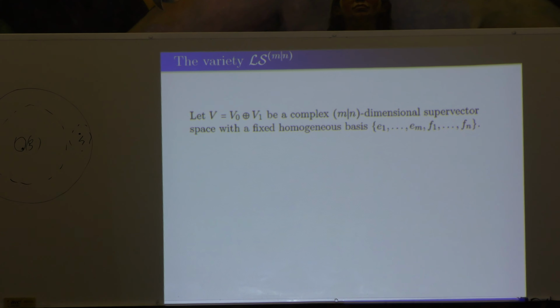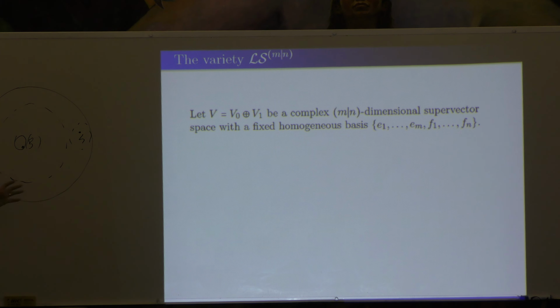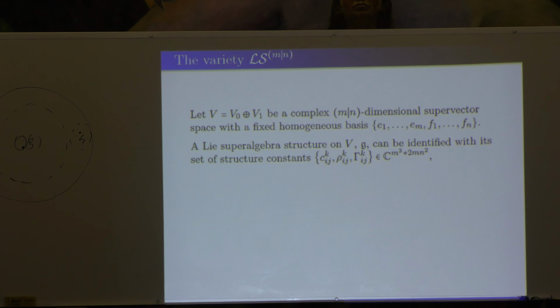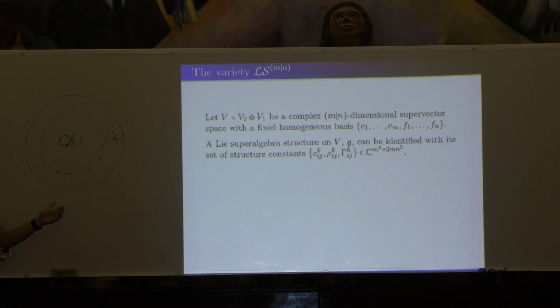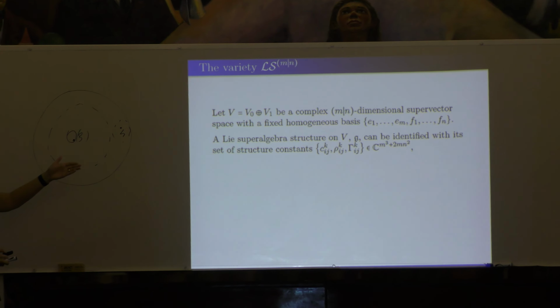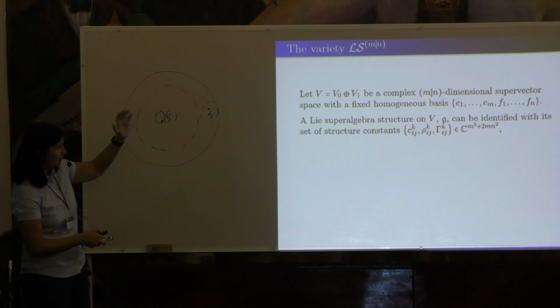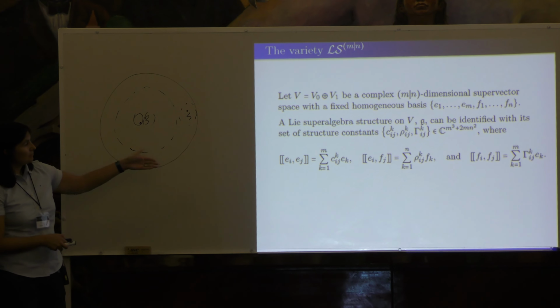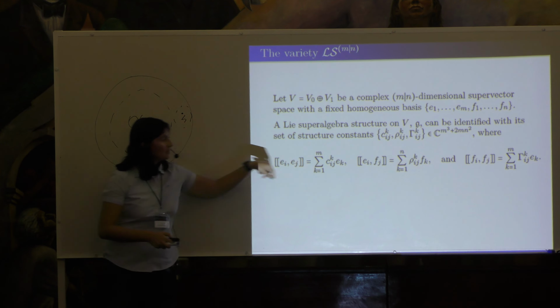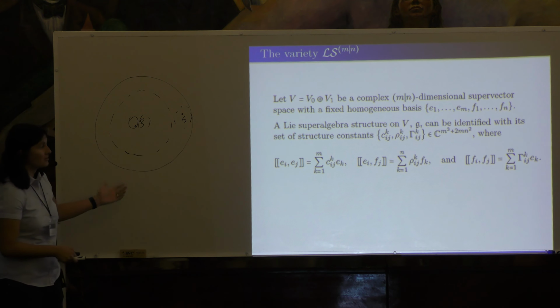So, what is the variety of Lie superalgebras? We fix a supervector space of dimension m|n and fix a homogeneous basis B, and we can think of a Lie superalgebra defined in B as a set of structure constants in C^{m^3}, etc., where the structure constants are given by these coefficients in the composition of the brackets.